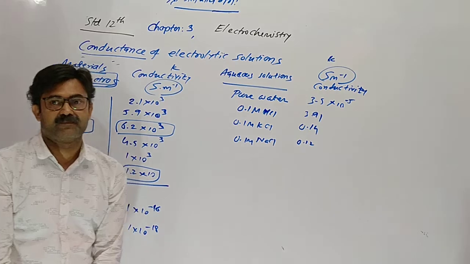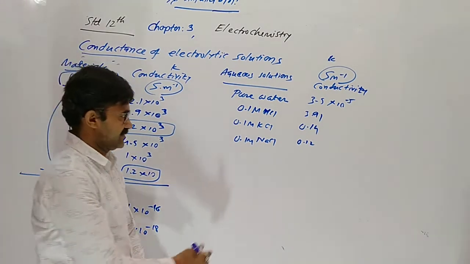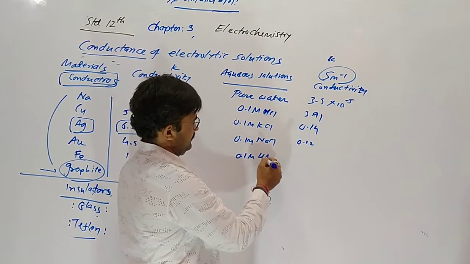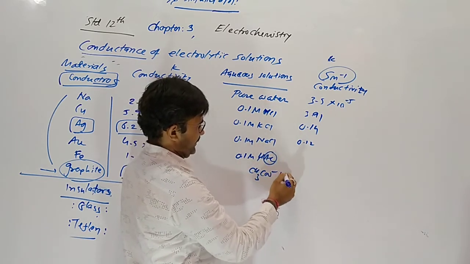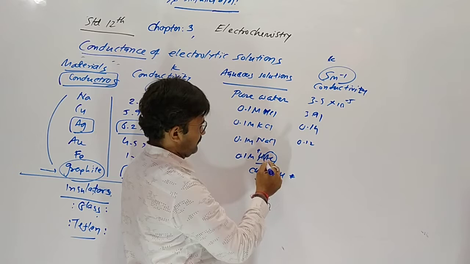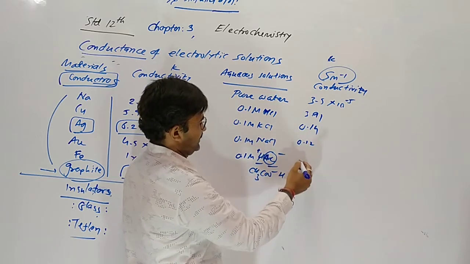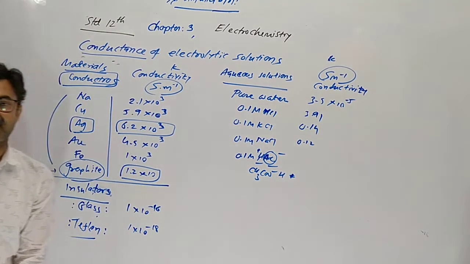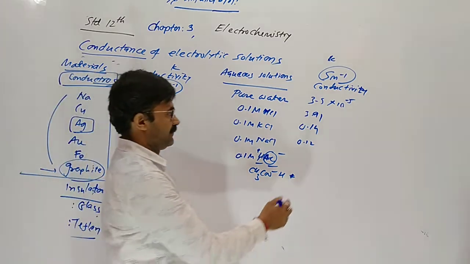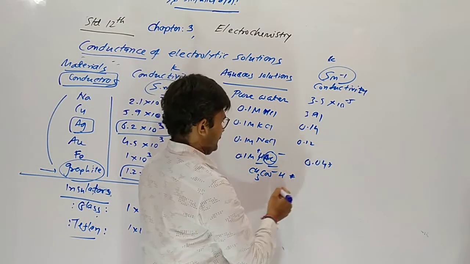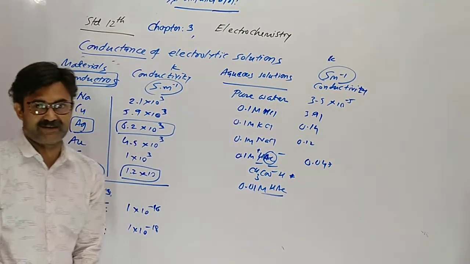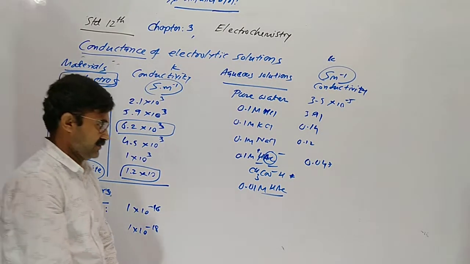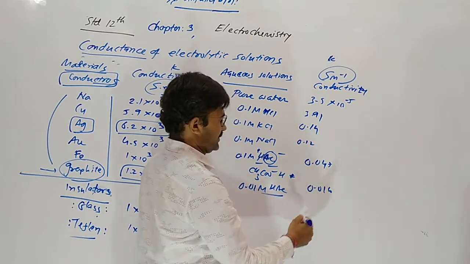Then 0.1 molarity HAc, means acetic acid, acetate, H plus, so positive ion comes first, then negative. 0.1 molarity acetic acid is 0.047, which is less. Now 0.01 molarity acetic acid is also very less, 0.016.